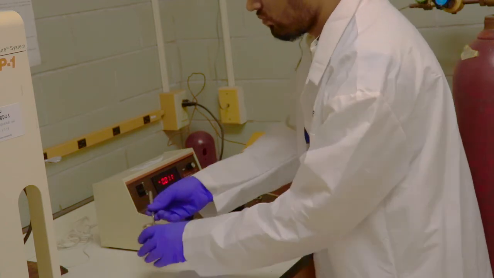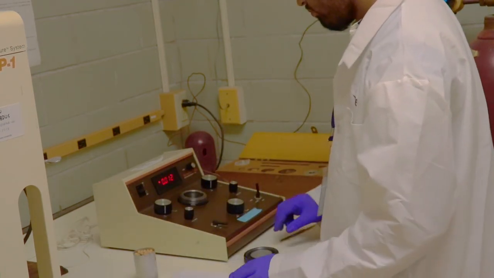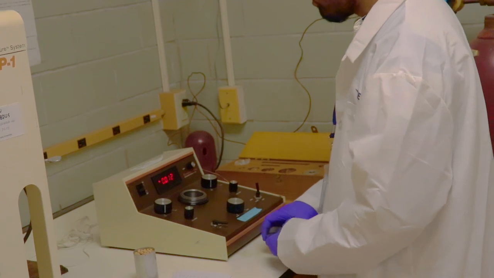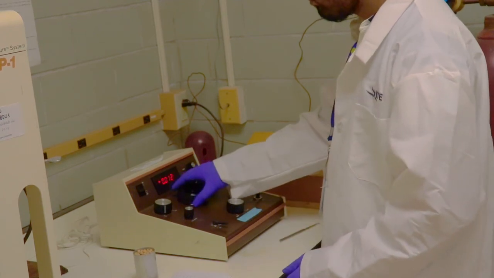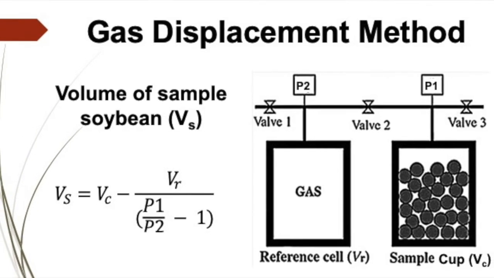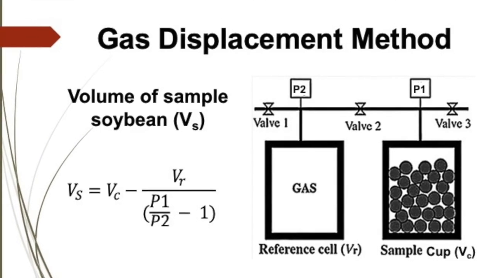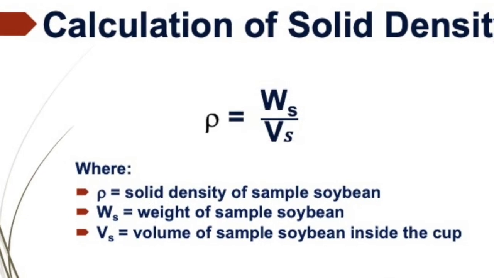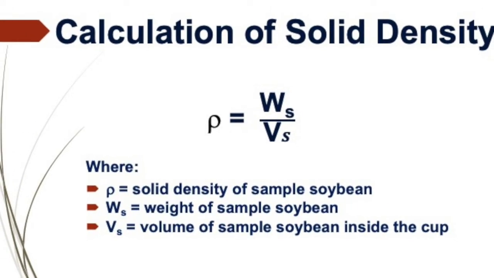Repeat the same procedure to test soybean at least 3 replications. Based on this data, calculate the volume of the soybean sample. Calculate solid density of the soybean.